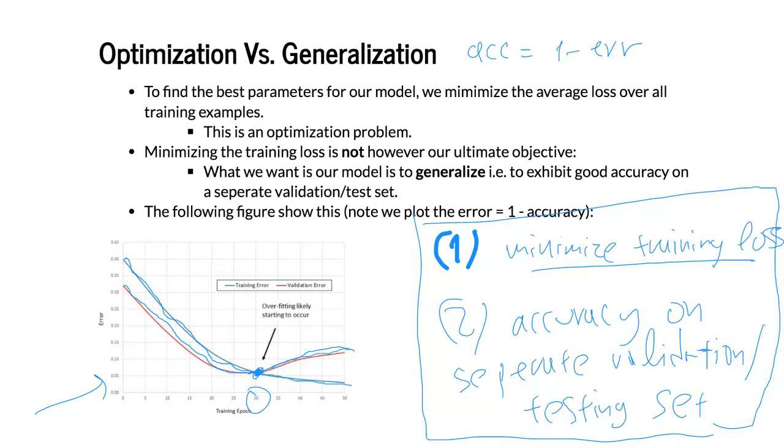It means that after training for 30 epochs, the model starts overfitting. Overfitting means that the training error goes down, but the validation error goes up. This is a sign of overfitting, and that's something that we want to avoid. Does this make sense?